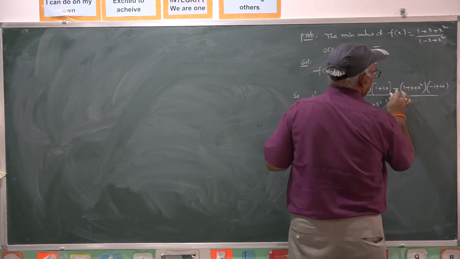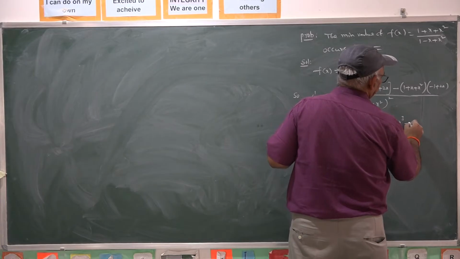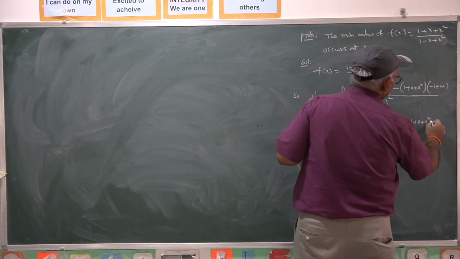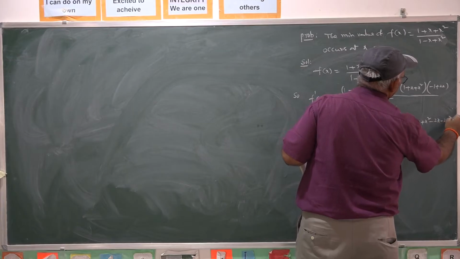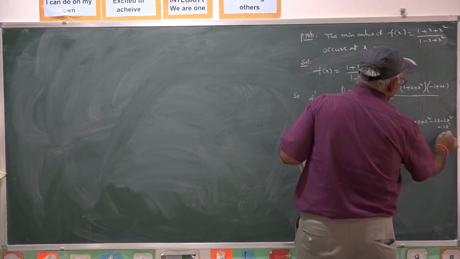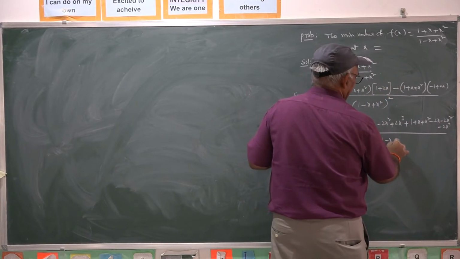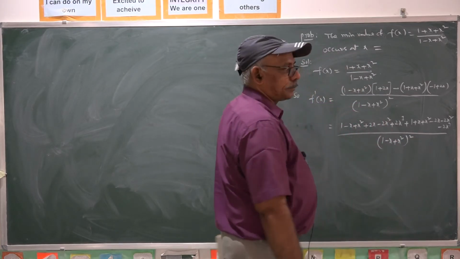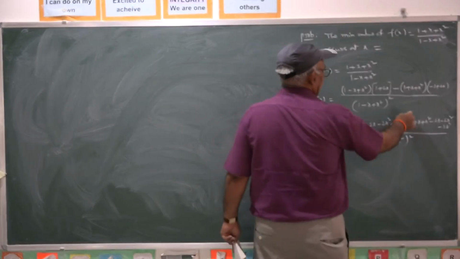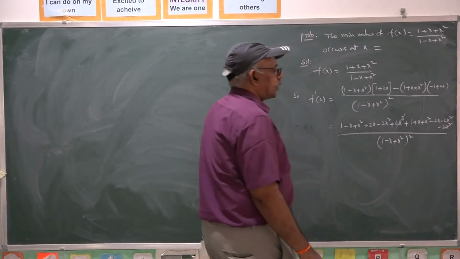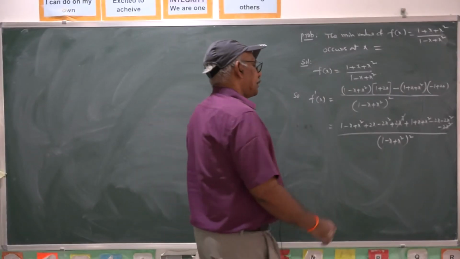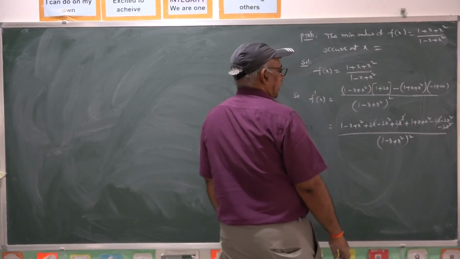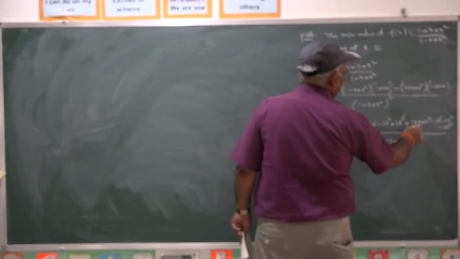Similarly, minus 1 into this term, so plus 1 plus x square; minus 2x into this term, minus 2x square minus 2x cube, all by (1 minus x plus x square) whole square. Certain terms cancel here: 2x cube minus 2x cube cancel, plus 2x minus 2x cancel, and again minus x plus x cancel.